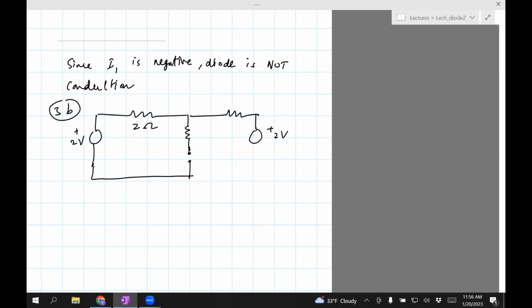Here I've shown the diode is non-conducting. For this circuit, since this is open, there's no current flowing in this branch. The only current that will flow would be I, and we can just use KVL. The current is flowing from here. It will be plus, this will be minus, it will be plus, it will be minus.